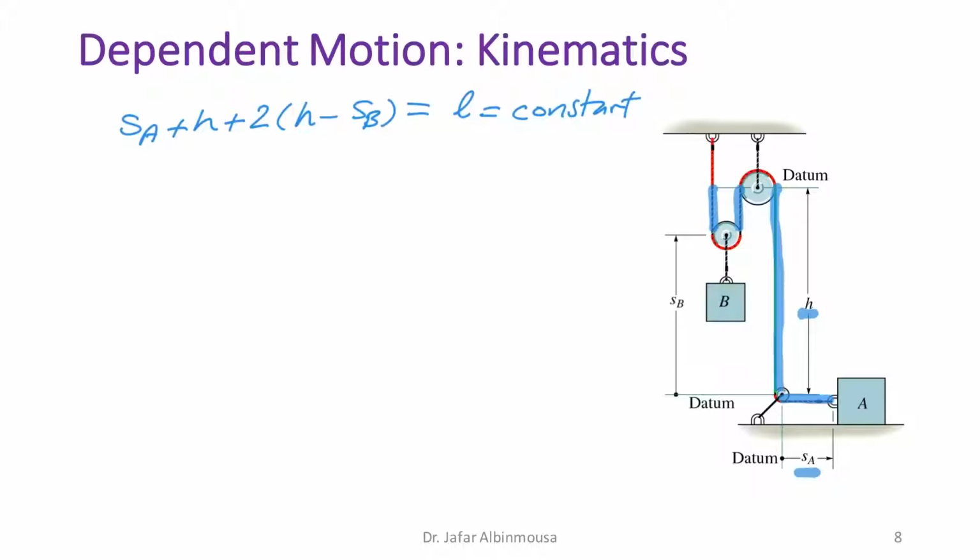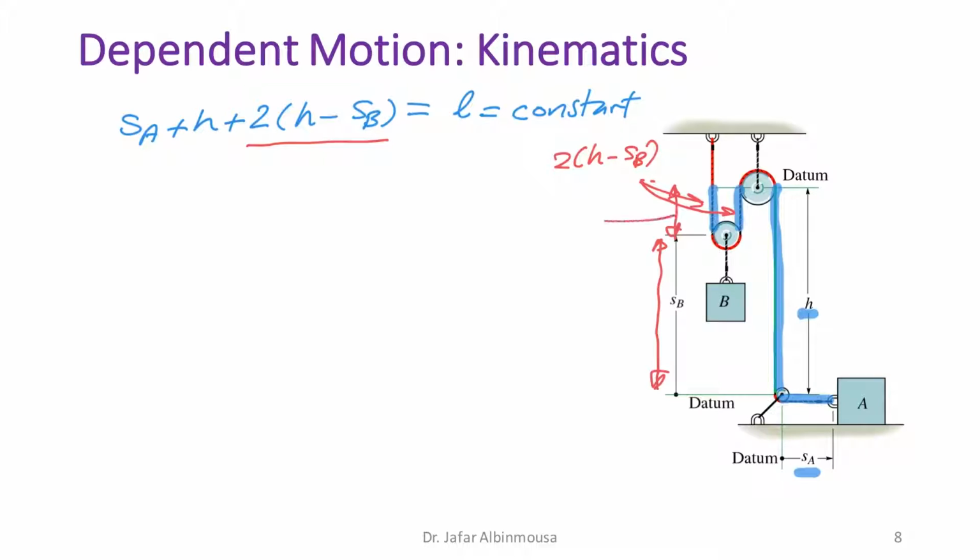This can be measured as H, while these two segments can be calculated by this part, which is 2H minus SP. What are we doing here? We're saying that we are going to have all of H minus SP, and what is going to be left is this.